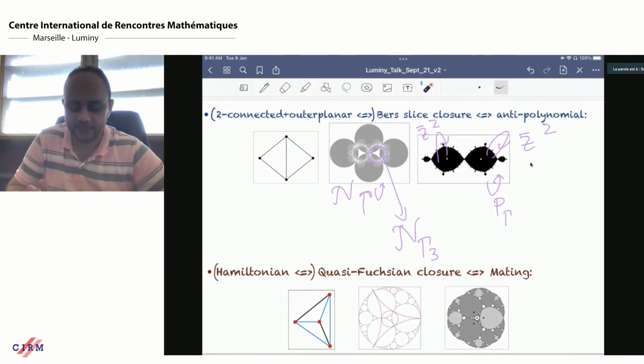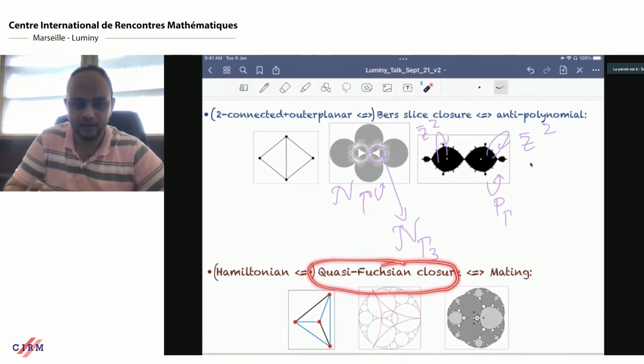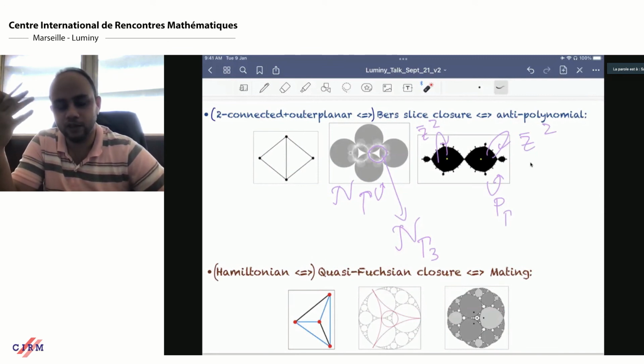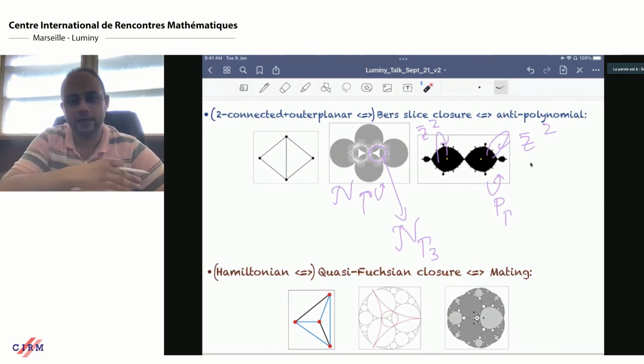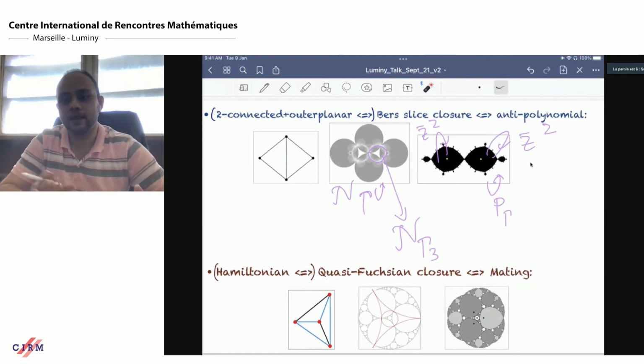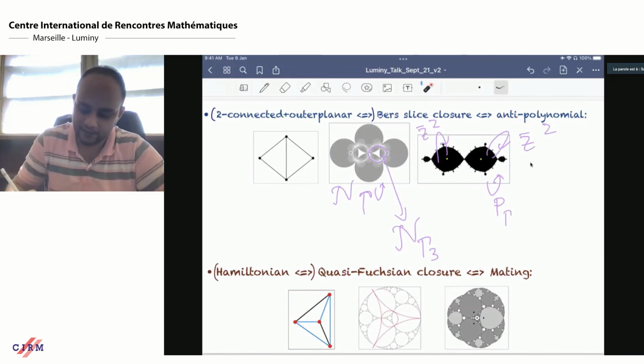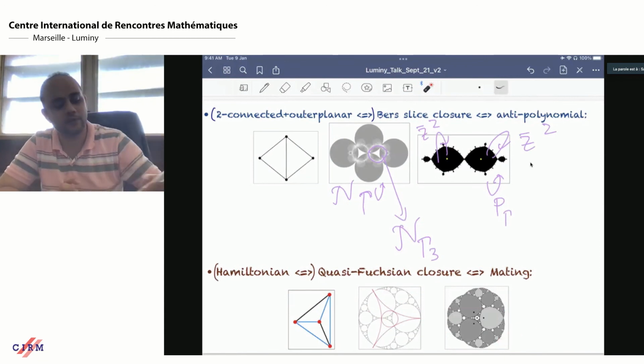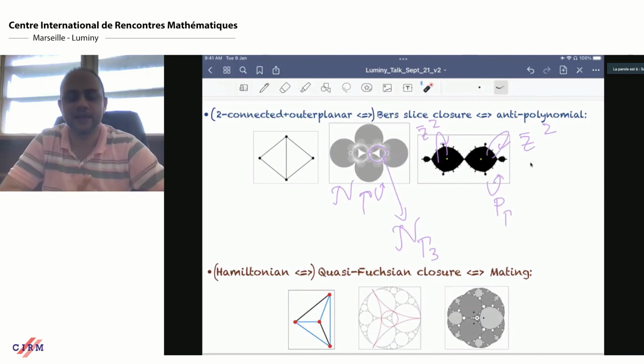So you can explicitly check which ones are matings. If you know one of them is a mating, you look at the corresponding geodesic lamination in one world, and you can transfer those geodesic laminations to polynomial laminations in the other world. Then you get the two polynomials realizing the polynomial laminations, and the corresponding rational map is going to be a mating of those two polynomials. So they are consistently matings.